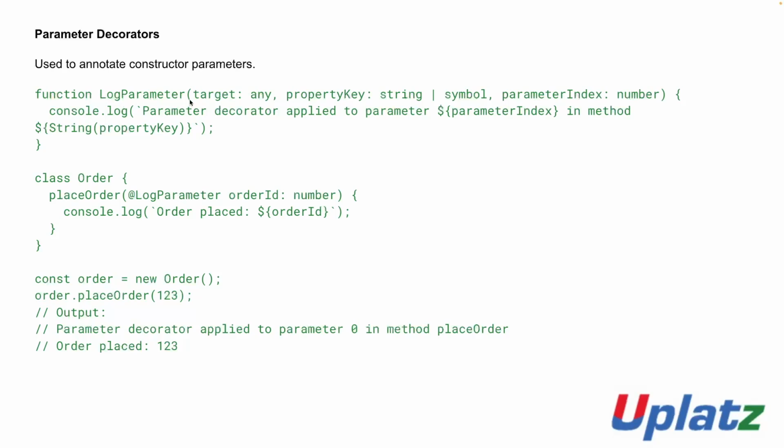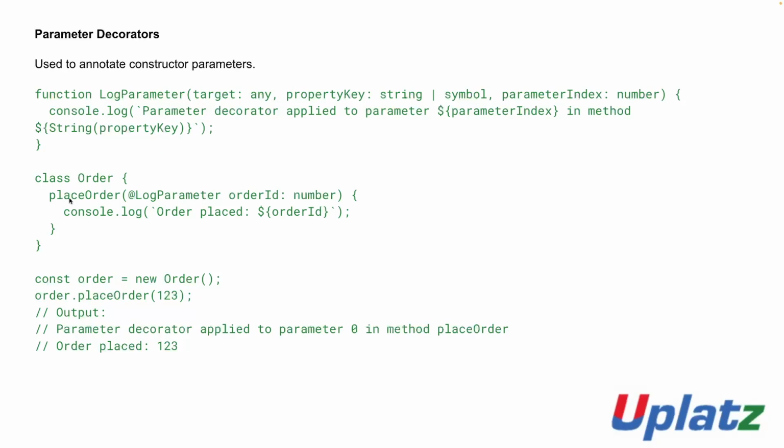Function logParameter, target of type any, propertyKey of type string, comma, parameterIndex of type number. console.log within backticks, parameter decorator applied to parameter dollar within curly braces parameterIndex in method dollar within curly braces String propertyKey, then backticks.